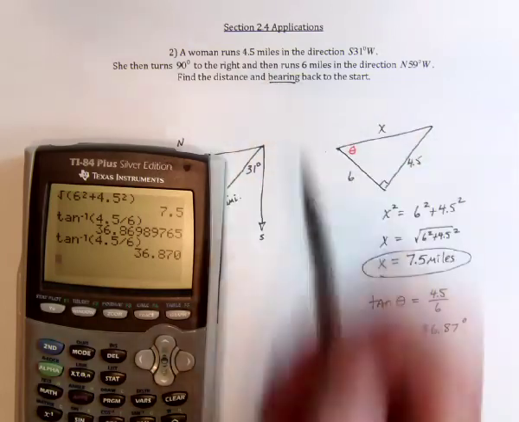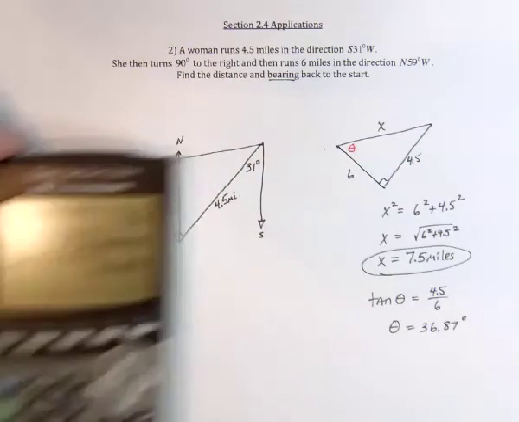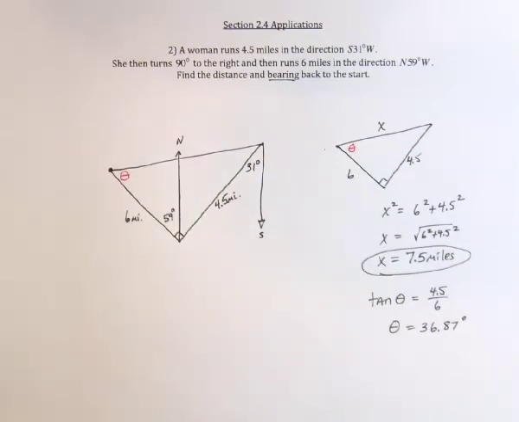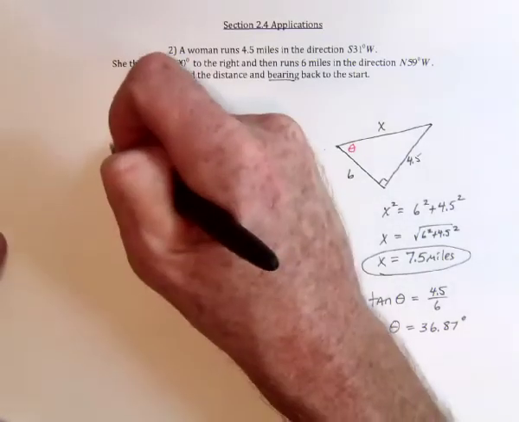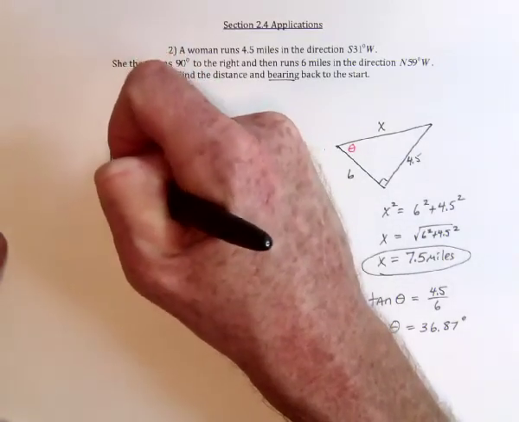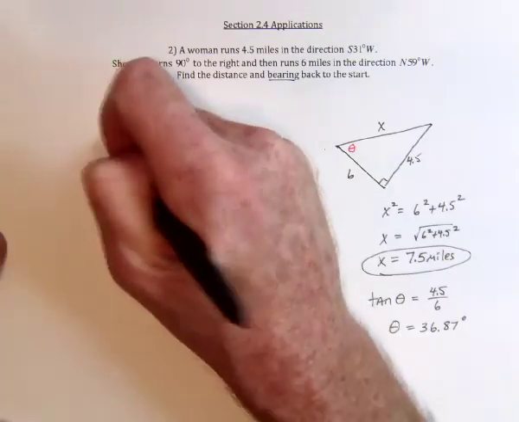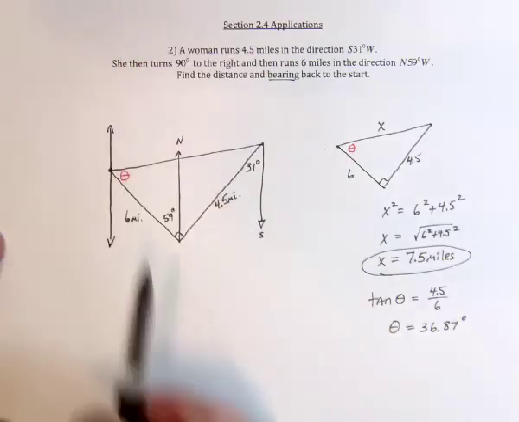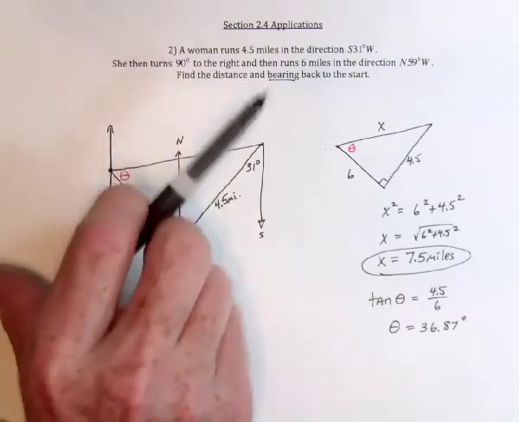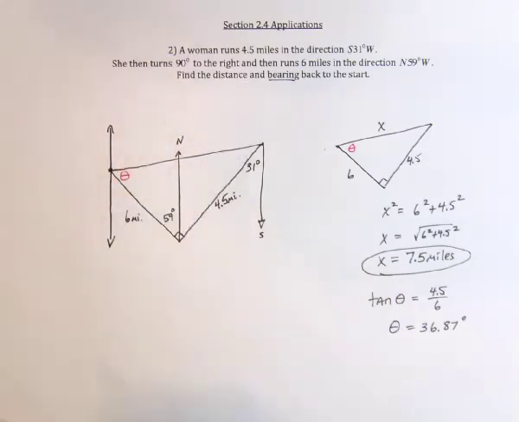We have the angle, but that's not actually the bearing, because bearing means go from a north-south line. So if we drew a north-south line like this, then we need to be able to say from the north, go this many degrees towards the east.